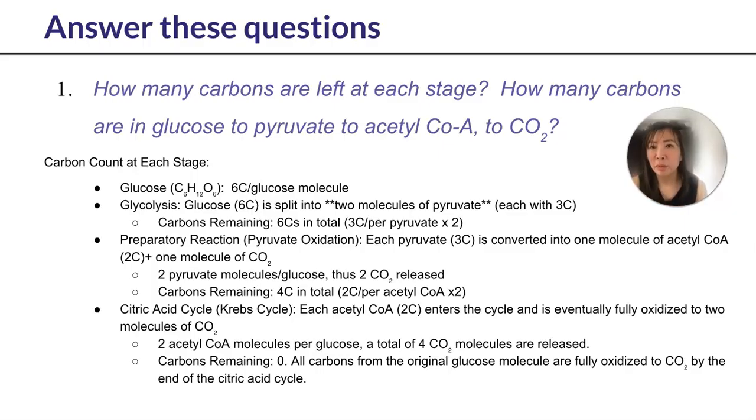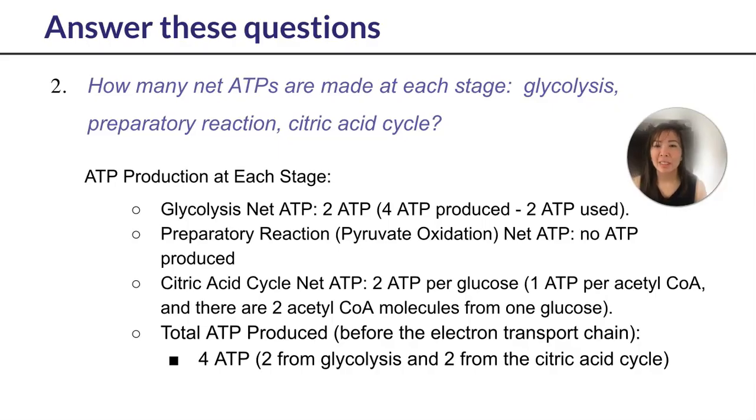Okay, let's move on to question number 2, which asks how many net ATP are made at each stage. Let's start with glycolysis. In glycolysis, we produce 2 substrate level ATP. Remember that we took some ATP in order to convert glucose into pyruvate, but our net result is still 2 ATP. In the preparatory reaction, when we were converting pyruvate to acetyl-CoA, there was no ATP made, so 0.